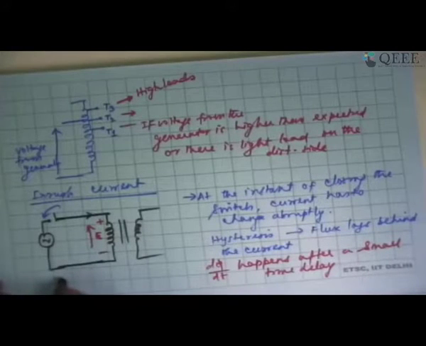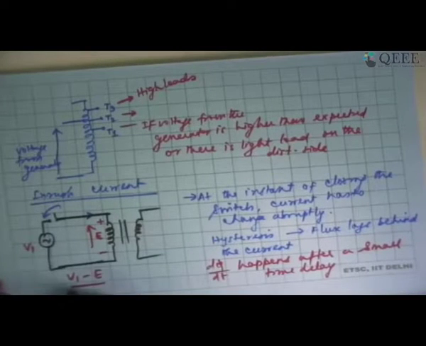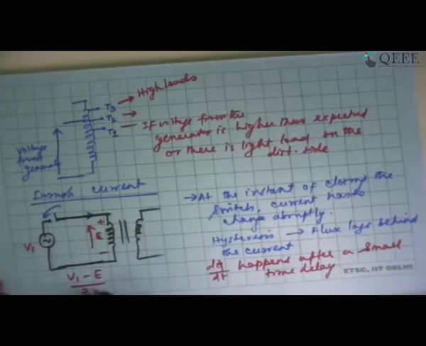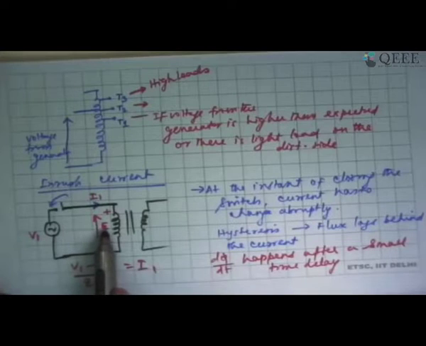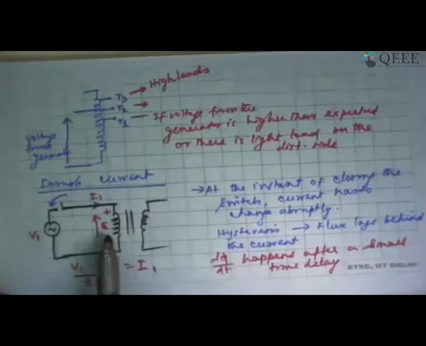The current, if I say this is V1, is V1 minus E divided by the impedance of the primary winding. This is the current flowing through the transformer, which I may call I1. This I1 can be very large for a very short while because it takes some time for E to be set up. Until E sets up, I can have a sudden surge of current flowing into the transformer winding. This current is known as inrush current.